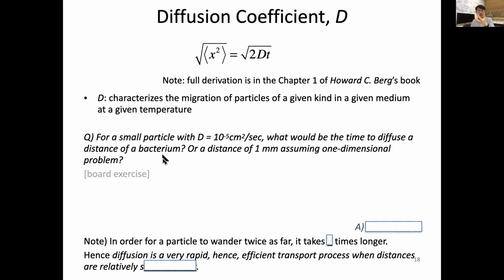A bacterium has a length scale of about 1 micron. Or consider a 1 millimeter space, assuming a one-dimensional problem: how long does it take for the solute molecule to go from one end to the other, about 1 millimeter? That's the question, and we will move on to the next step.